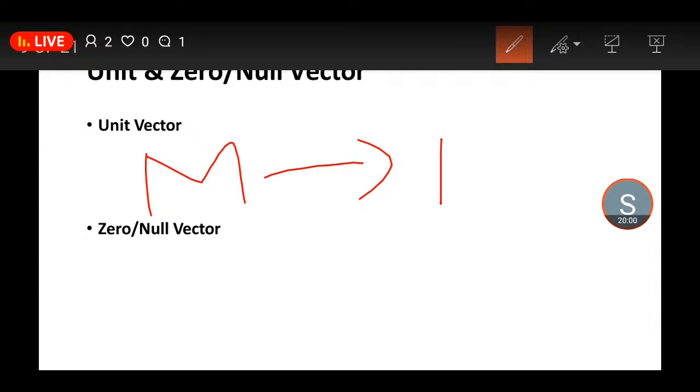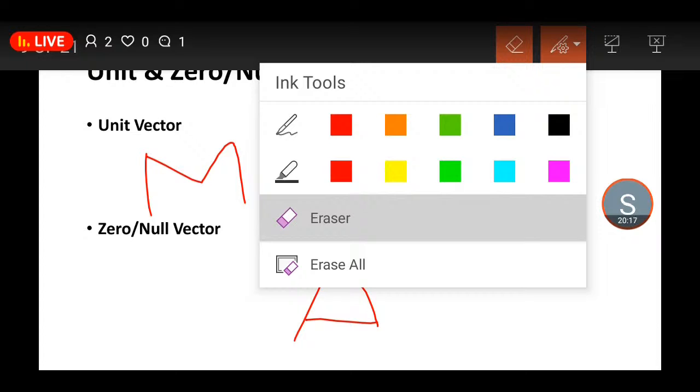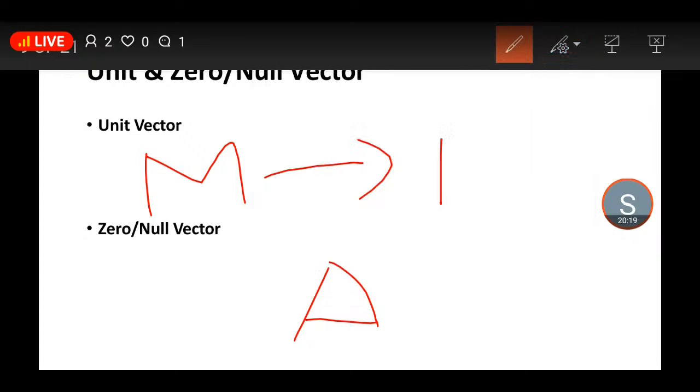Then there is a thing where you represent the unit vector like this, a cap. If you put a cap on this, it is called cap, and we read it as a cap or hat.